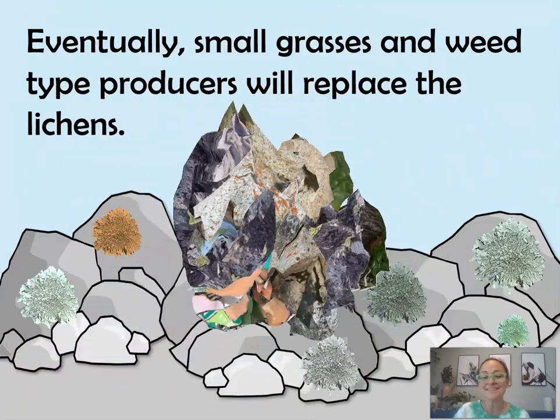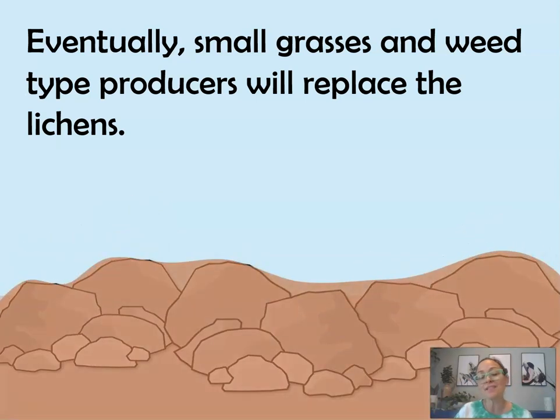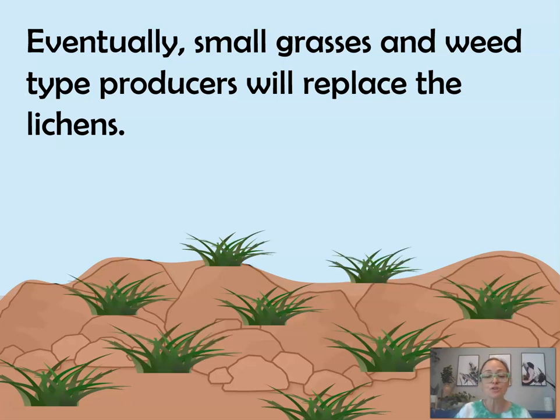So lichens are the first species to arrive, and the cool thing about them is that as they die and decompose, and as they wear away the rock layers, now this can take a long time. Eventually, though, there's going to be a fine layer of soil. And that fine layer of soil can support moss or grasses or weeds. So you're going to have your small plants begin to grow.